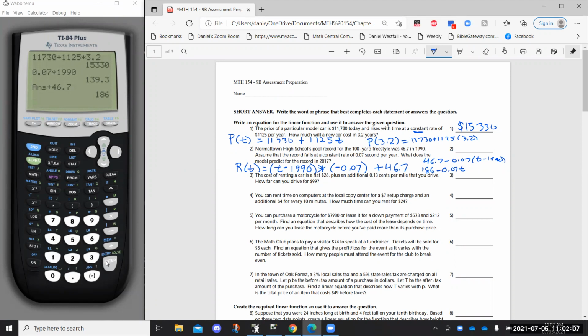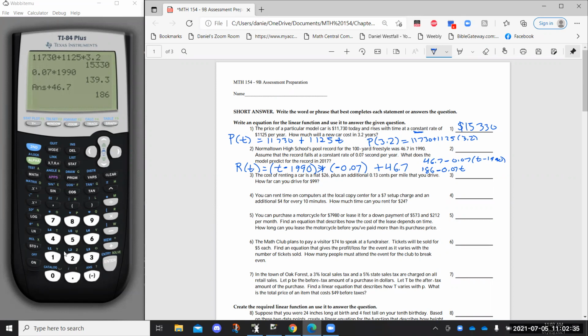So you can do it like that. Negative, negative is positive, and T is the year.